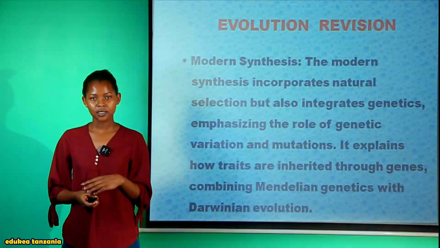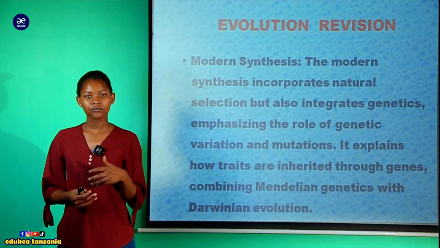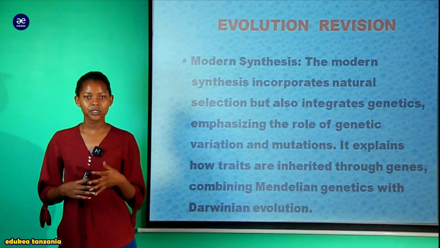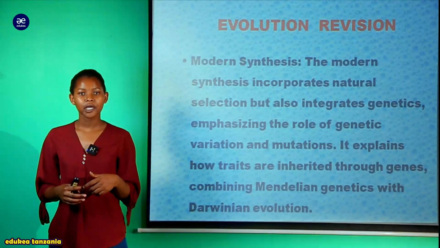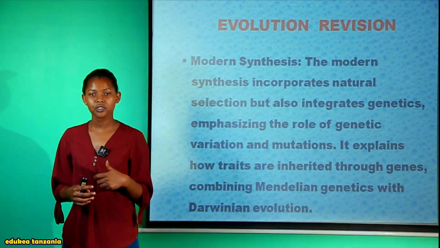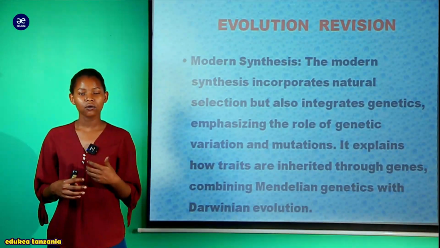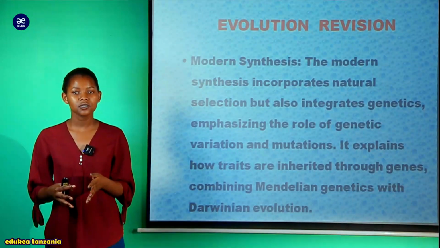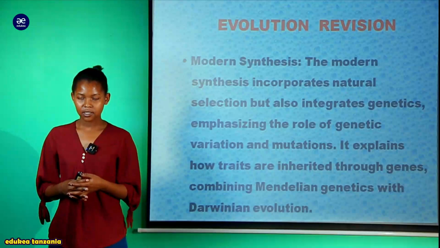So, according to the modern synthesis, that theory incorporates the use of other forces like mutation and variation as well as natural selection, ambako ilikuwa inajaribu kutuonyesha the role of genetics in evolution by combining the genetic concepts with the Darwinian evolution. That is the first difference.